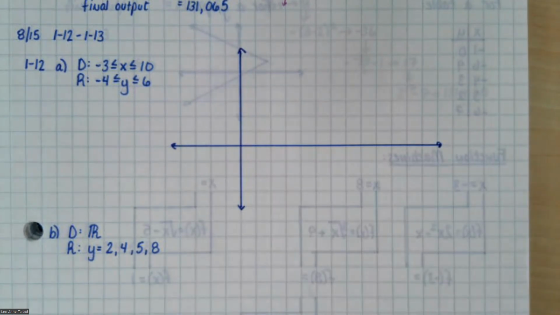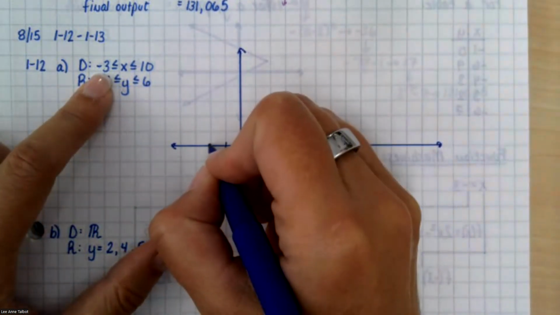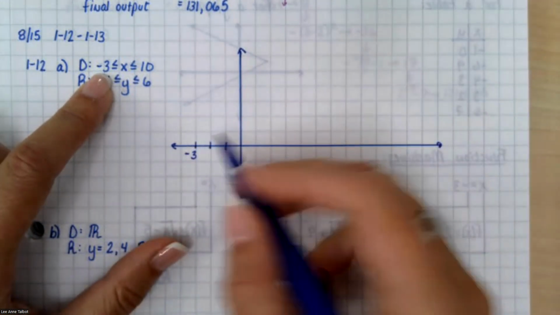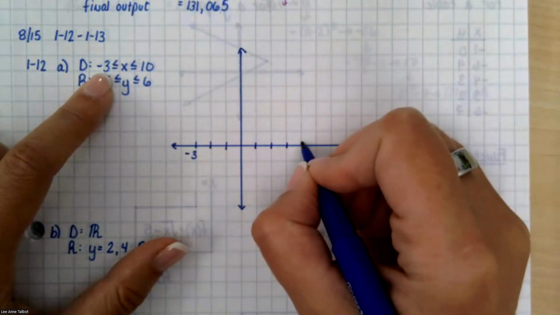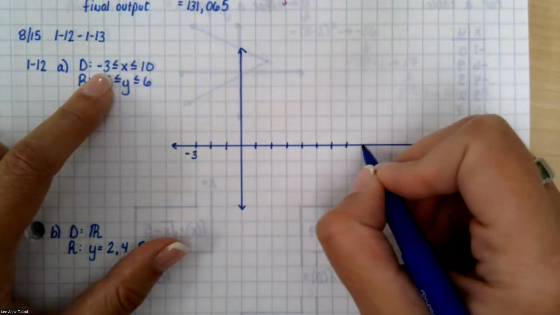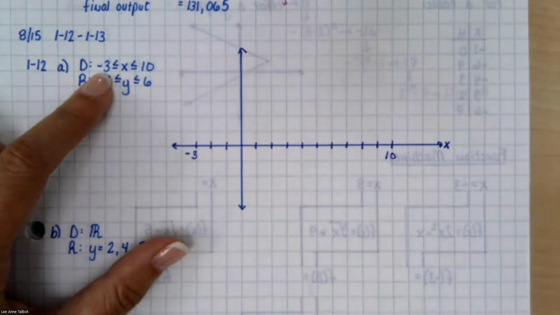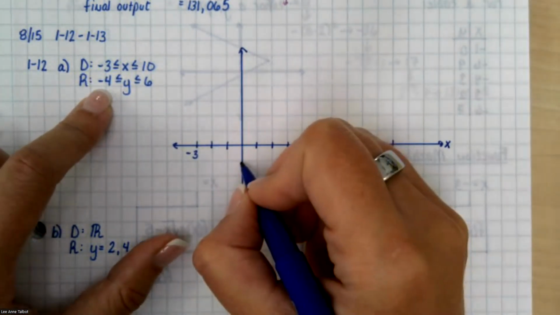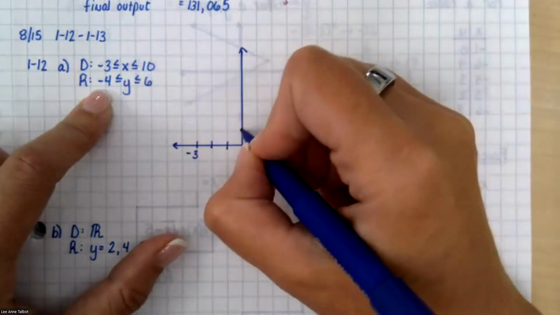So I didn't want to put my origin directly in the middle. Okay, and what I'm going to do is I'm going to count out the domain. The domain goes from -3 to 10. And the range goes -4 to 6.